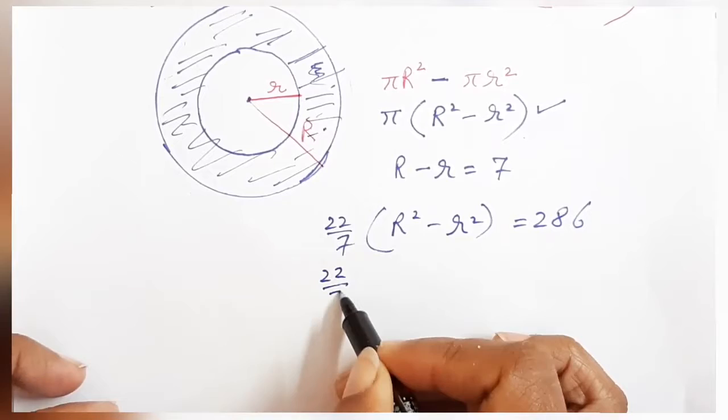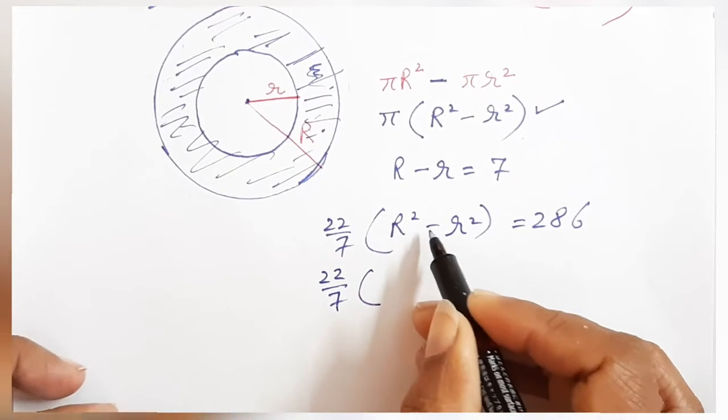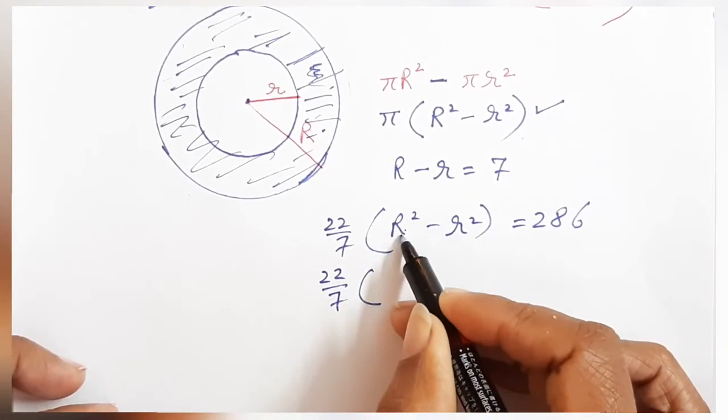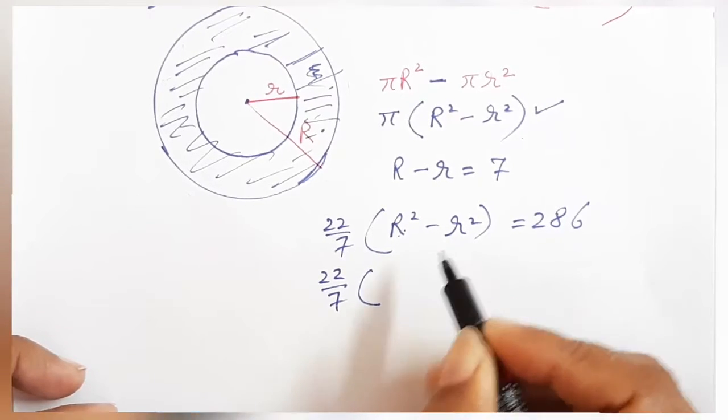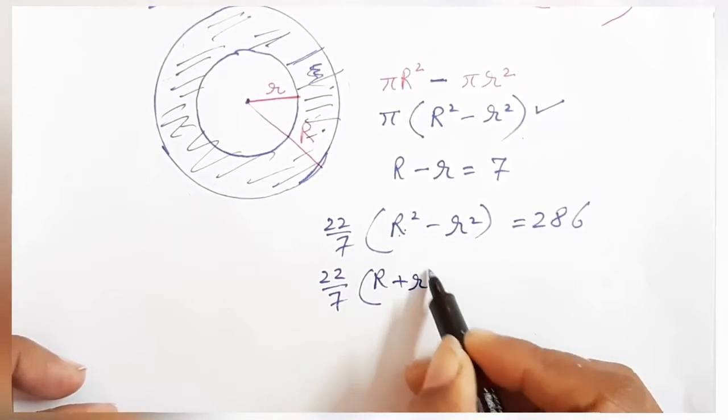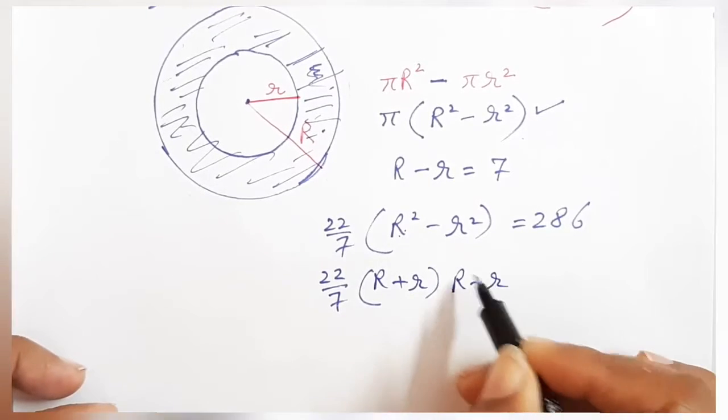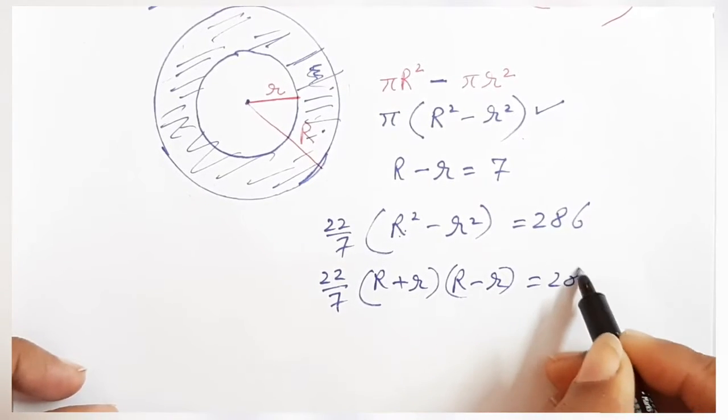Now this is R square minus r square, that is a square minus b square. Now what is a square minus b square? That is (a plus b) and (a minus b). Clear?